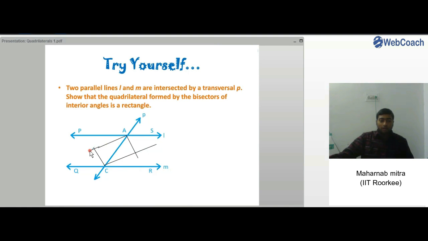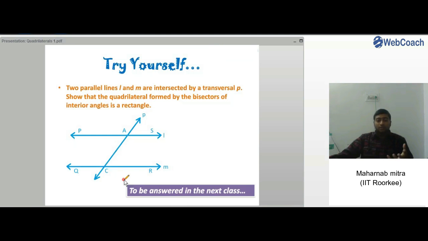So if we join the sides, we need to show that the figure formed is a rectangle, right? We have to show that this figure formed by the bisectors of the interior angles is a rectangle. So note this question down, and we will see the solution in our next class.